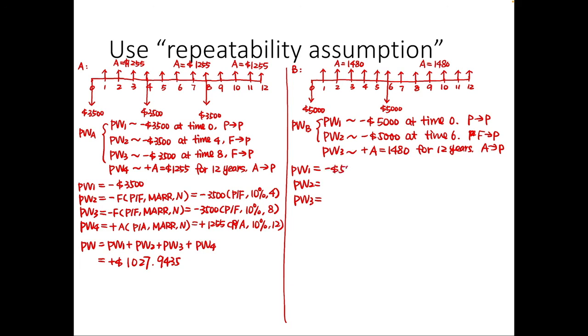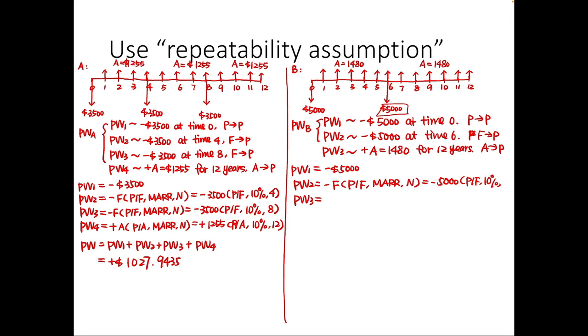So PW1 is negative 5,000. PW2 is to convert a future value to present. So its formula is F times P/F, MARR, and it's 5,000 times P/F 10%. How many years you need to consider?